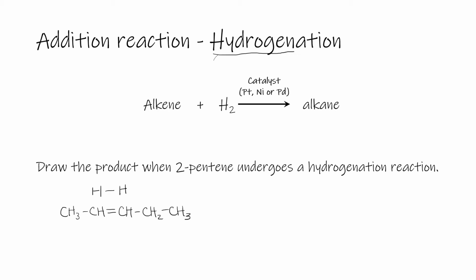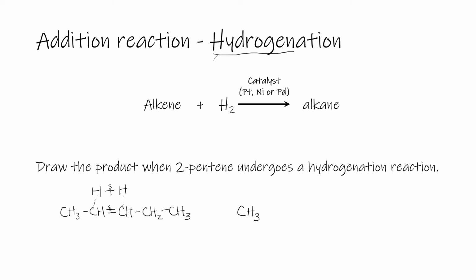The reaction takes place at the functional group, so it takes place at the double bond. The rest of the molecule kind of hangs on for the ride. When this reaction takes place, you're going to form a new bond between each of the carbons in the double bond and the hydrogens. The bond between the hydrogens breaks, and one of the double bonds breaks there. And so your product ends up just being the alkane.